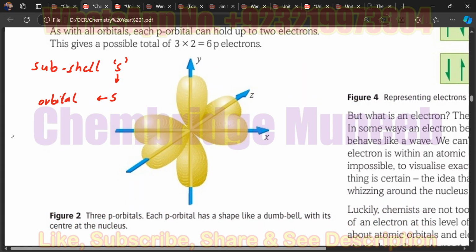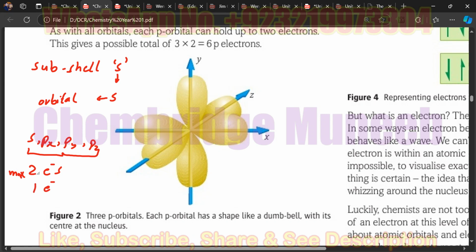Yes. And for any type of orbital, whether it is s, px, py, or pz, each will contain a maximum of 2 electrons. This is the maximum value. And minimum 1 electron.